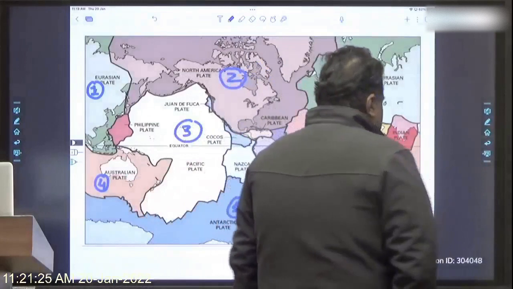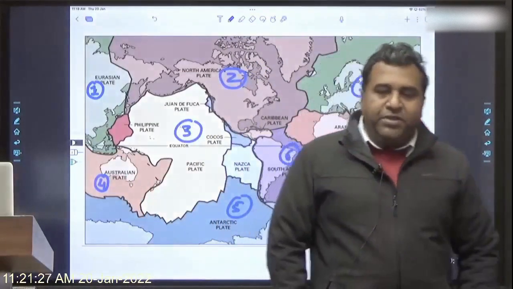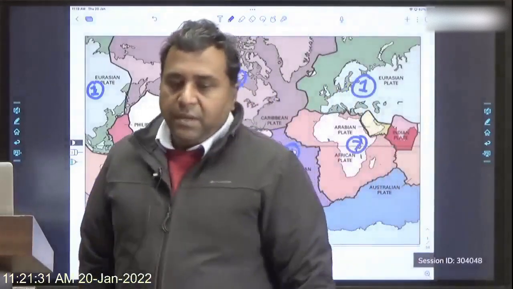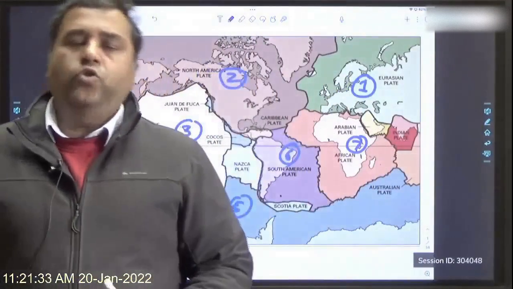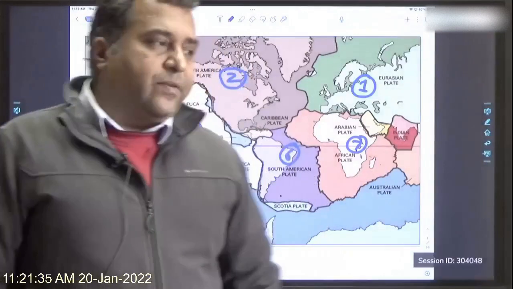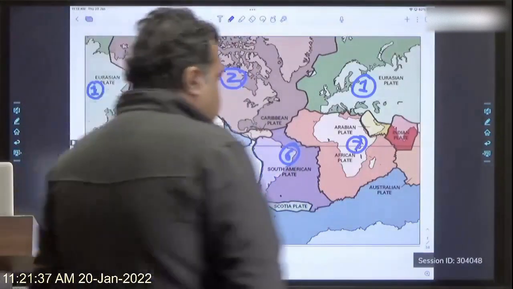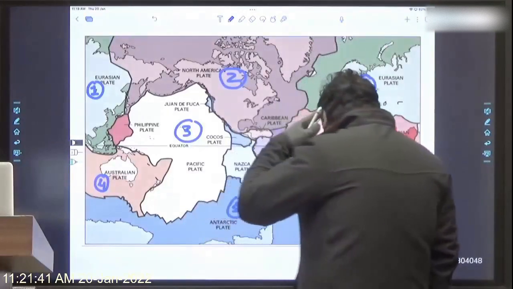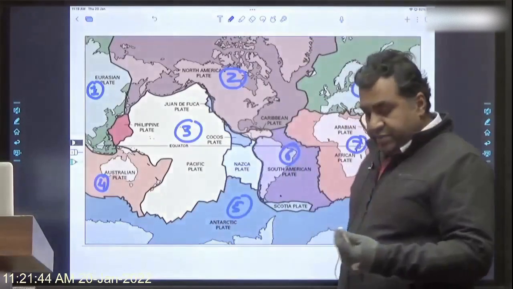Full stop. Next line. There are numerous minor plates, many of which are still unknown to us. We still don't know many of the minor plates.